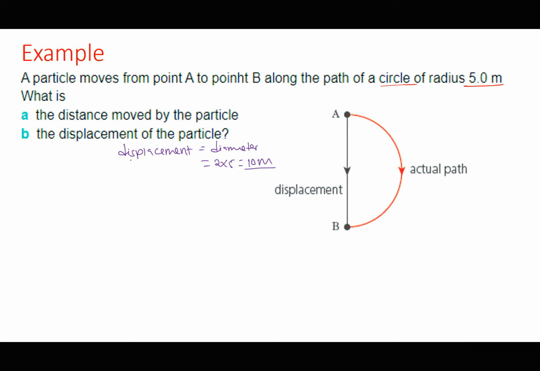But then when it comes to the distance, it will be equal to the circumference. It will be the length of the arc, which is the circumference of that path. So the distance will be equal to the circumference, and this is half a circle. The circumference of a full circle is 2 pi times the radius. So for half a circle, this will be 2 pi over 2, which is simply pi r.